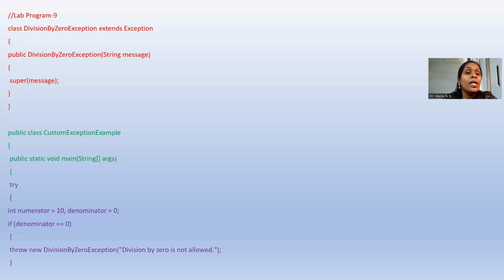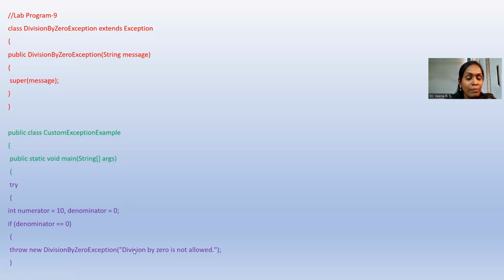So how do you raise that custom exception? If the denominator is equal to 0, you say throw. That means I want to throw. What does new mean? Create an instance of a class. Which class? DivisionByZeroException. And the message I have passed is "Division by 0 is not allowed".